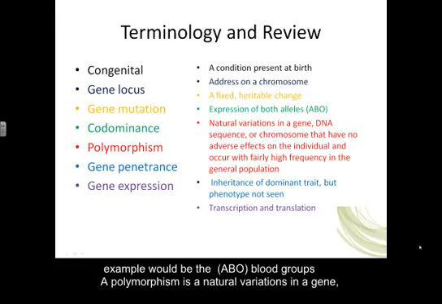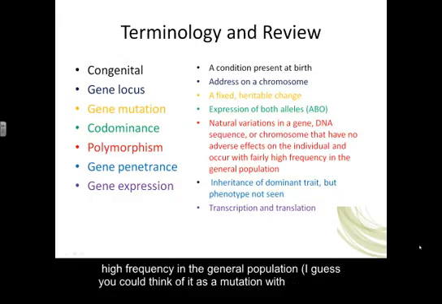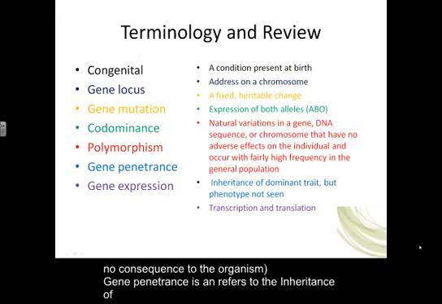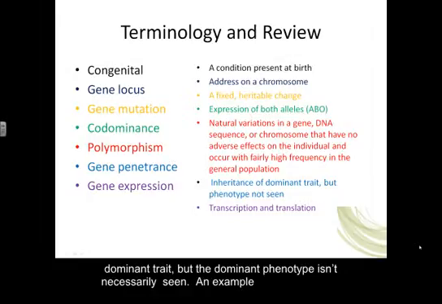A polymorphism is a natural variation in a gene, DNA sequence, or chromosome that has no adverse effects on the individual and occurs with fairly high frequency in the general population. I guess you could think of it as a mutation with no consequence to the organism. Gene penetrance refers to the inheritance of a dominant trait, but the dominant phenotype isn't necessarily seen.